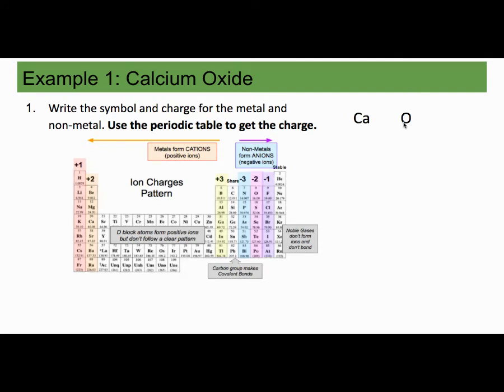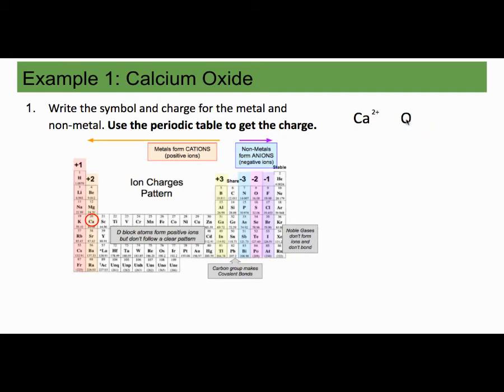Ca for calcium, O for oxygen or oxide. We find Ca on our periodic table, and when I go up, I see that it has a +2 charge. So I'm going to put that over here by the Ca. I'm going to put a 2+ charge.